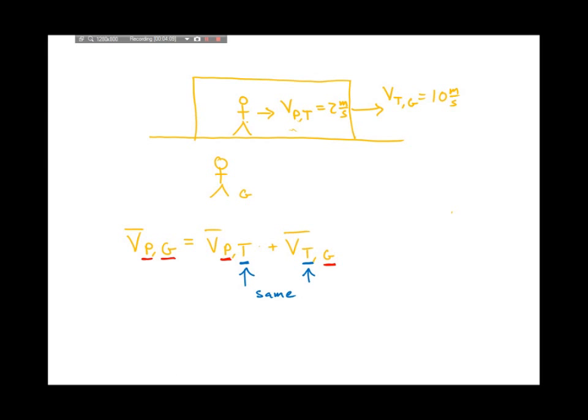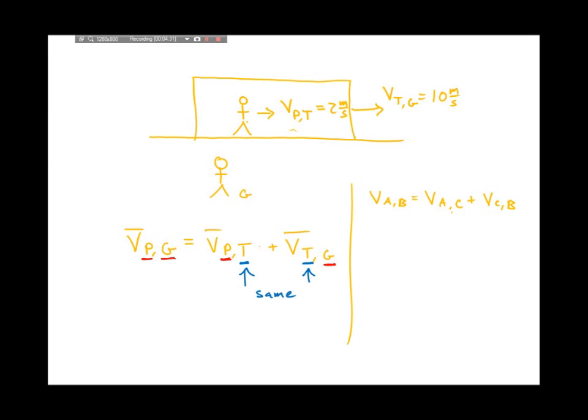So that's a very easy way to remember this. If I wanted to just write this equation down, right? The velocity of A with respect to B is equal to the velocity of A with respect to C plus the velocity of C with respect to B. Okay? And this equation is always going to be true. It doesn't matter what A, B, and C are.